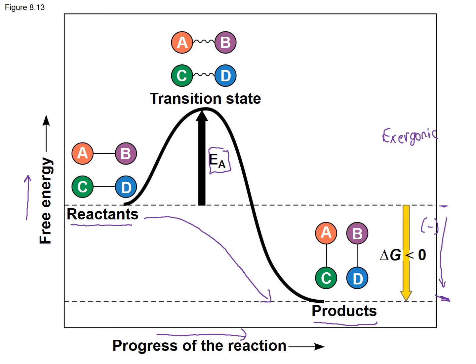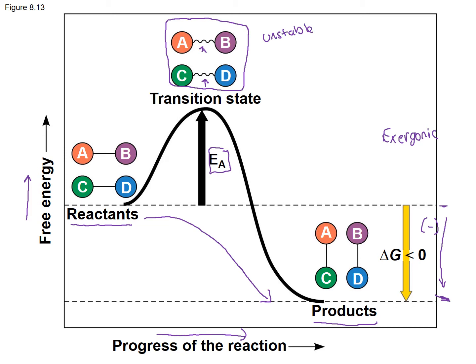We need the reactants to start to do something. And what they're doing in the middle is this transition state, right? This is a transition state. You can see the little squiggly lines. These squiggly lines represent the breaking of these bonds, and then eventually new bonds will be made. The transition state is very unstable.